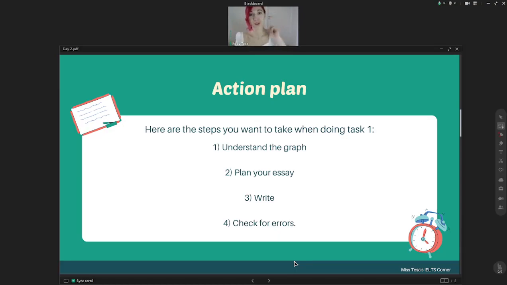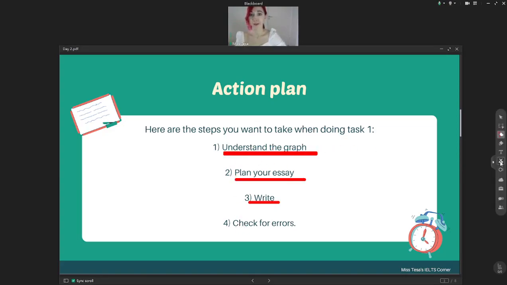And the fourth and final step is checking for errors. So you never want to first write and then plan your essay and then look at the graph, right? You never want to go away from this pattern. Understand, plan, write, check.